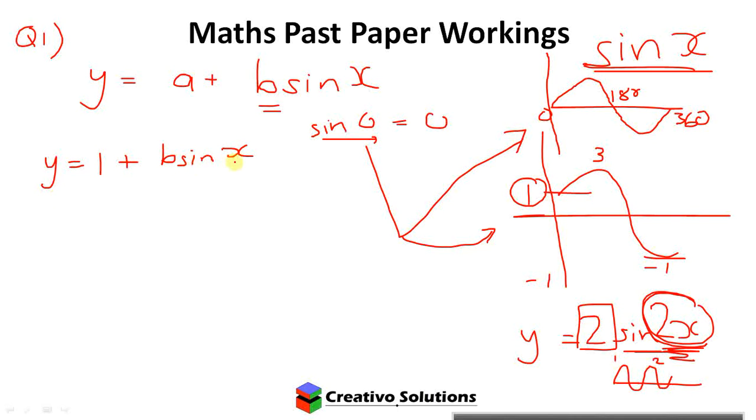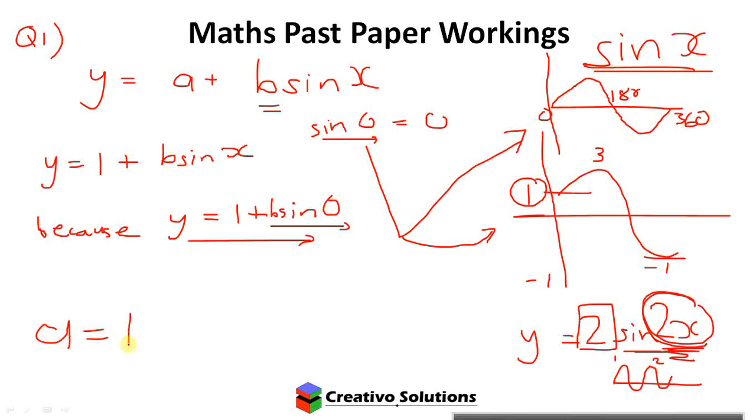A must be 1 because sine 0 is 0, then we've got a 1 there. So y equals 1 plus b sine 0. Okay, anything times 0 is 0. So now we've got a. A is 1. Right, now we need to find b.